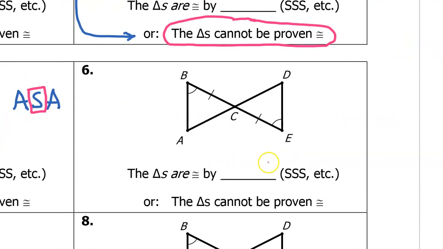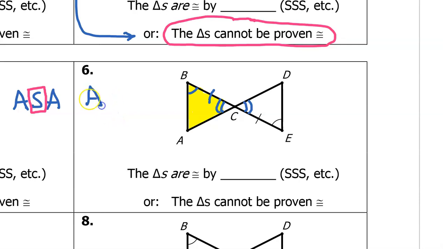All right, looking at problem number 6, again, let's go ahead and mark these vertical angles as congruent and focus your eyes on one triangle at a time. For example, let's look at this yellow triangle right here. What information do we have? I see that we have two angles and a side just like before.